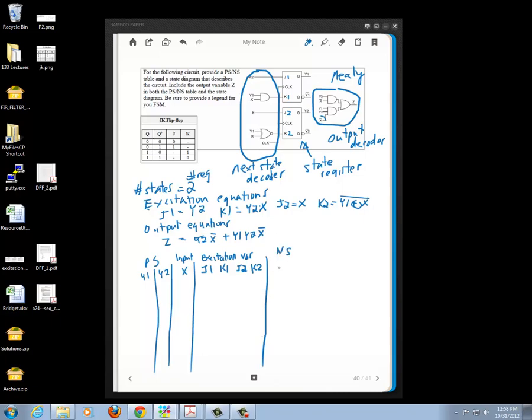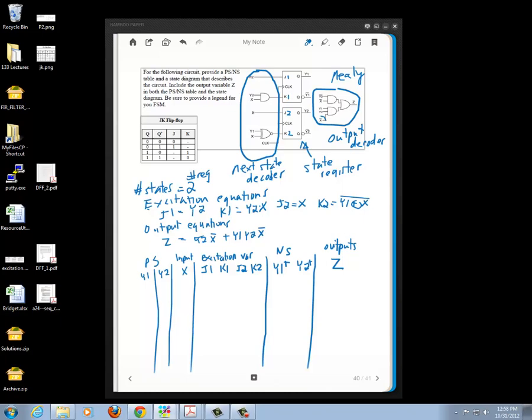Next state, we're going to call them y1 plus to represent the next state of y1, and y2 plus to represent the next state of y2. And then we're going to have our outputs. So every PSNS table is going to have these following columns: the present state, the inputs, the excitation variables, the next state, and the outputs.